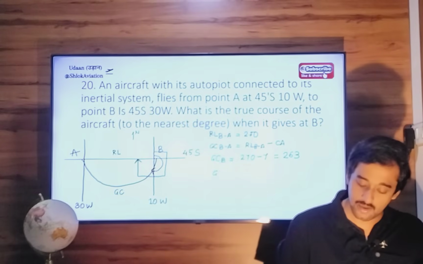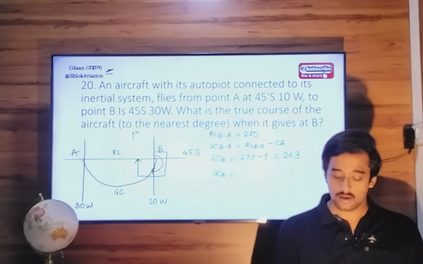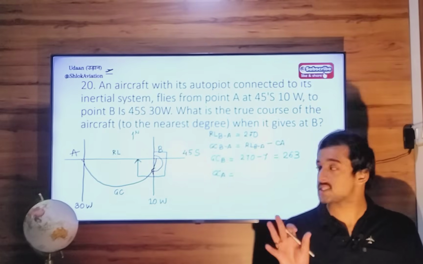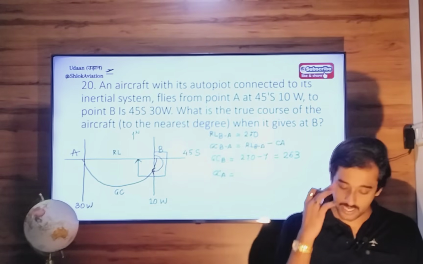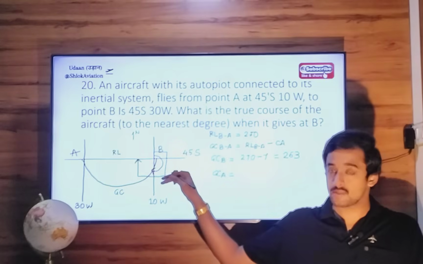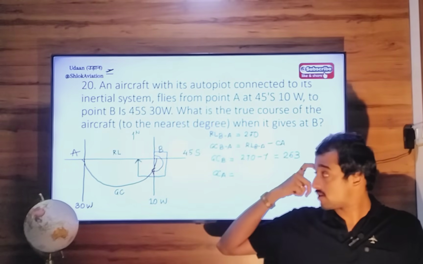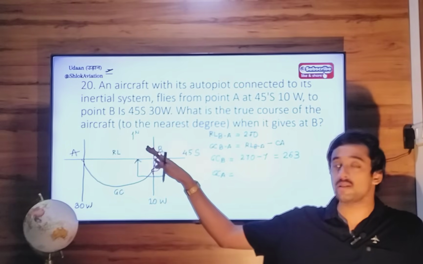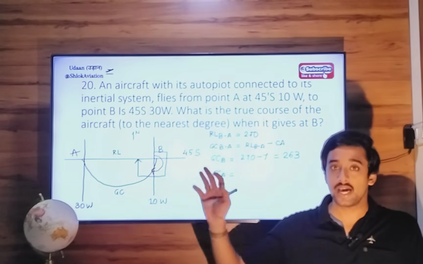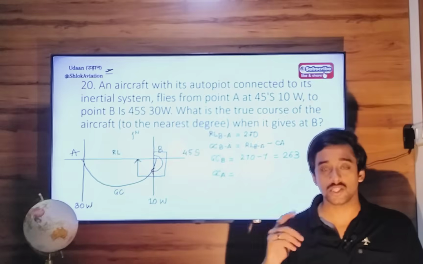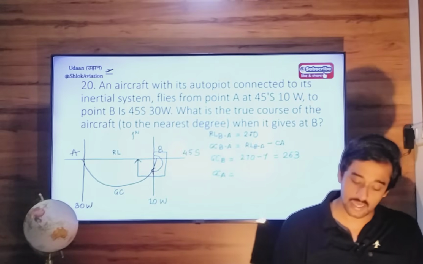Great circle at A will be, so the difference between two great circle tracks is equal to convergency, right? Now we are in the south hemisphere and B to A we will be traveling westerly. So by the DIID formula, in the south hemisphere traveling westerly, the great circle will increase.